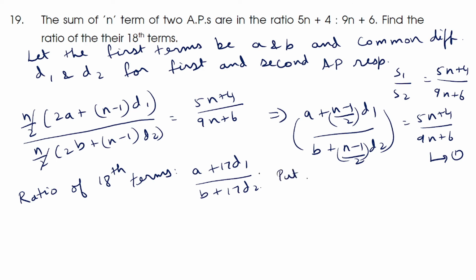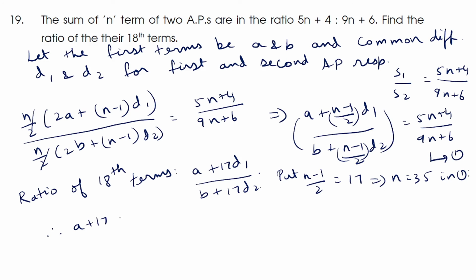So put n minus 1 by 2 equal to 17, which implies n is equal to 35 in 1. So if we put n as 35, we will get A plus 17 D1 by B plus 17 D2.